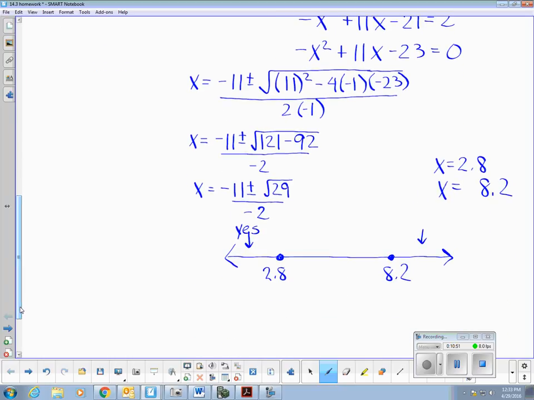I replace with the number 10, which is to the right of 8.2, that number 10 also satisfied this inequality.